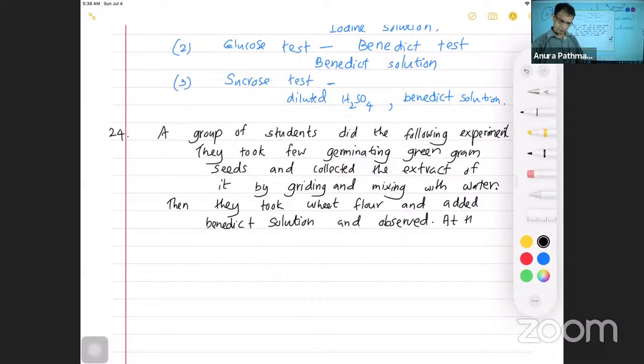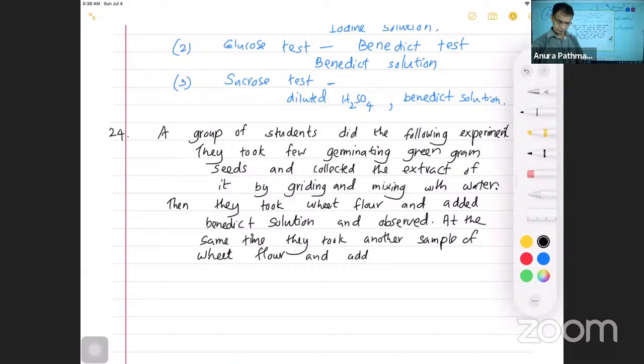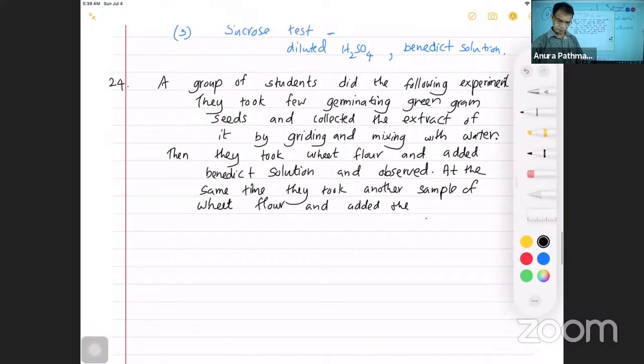At the same time, they took another sample of wheat flour and added the extract from actually, I just made a little change.